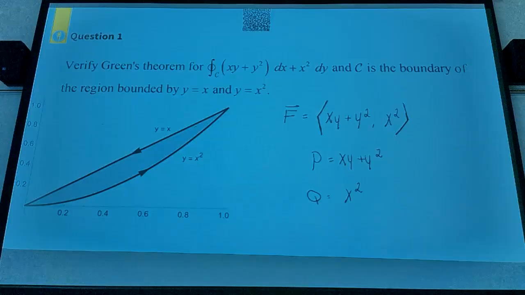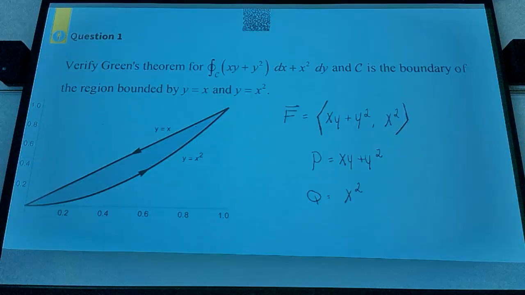So our curve, which is the boundary of our region, is a union of two curves. And since it's circulation, it doesn't matter where we start, right? Where we start to walk doesn't matter.